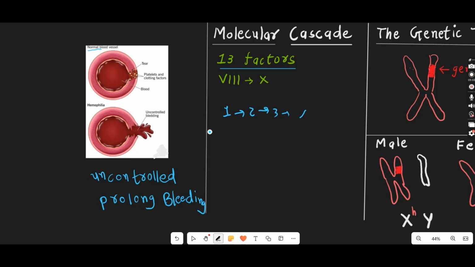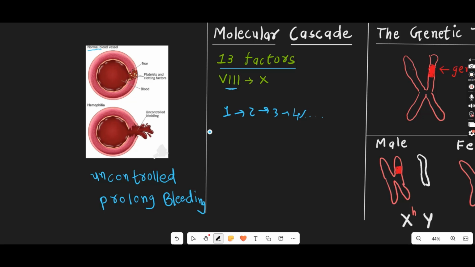So think of this like a relay race. The first one will activate the second, the second will activate the third, the third will activate the fourth, and so on. What happens here? The eighth factor doesn't get activated. So this mechanism cannot be finished and the blood will not form a clot, which leads to uncontrolled prolonged bleeding.